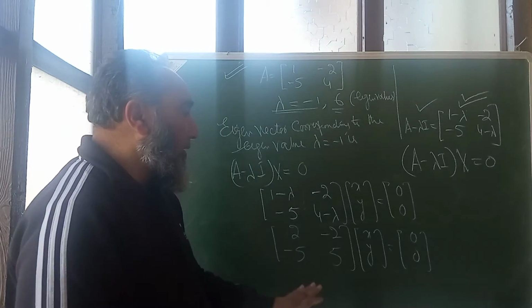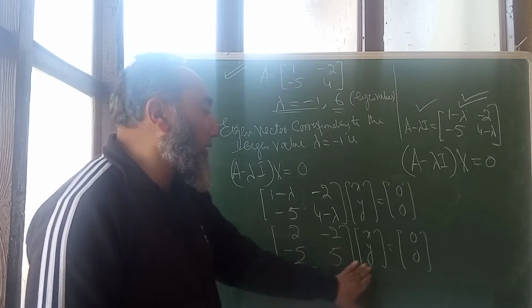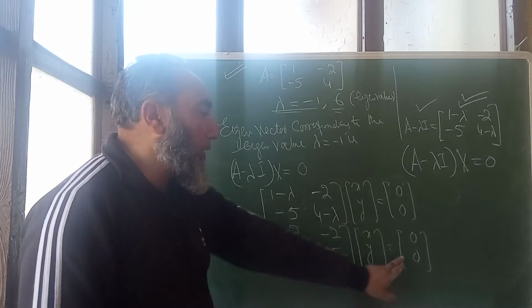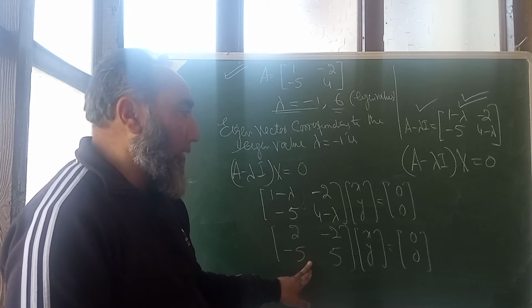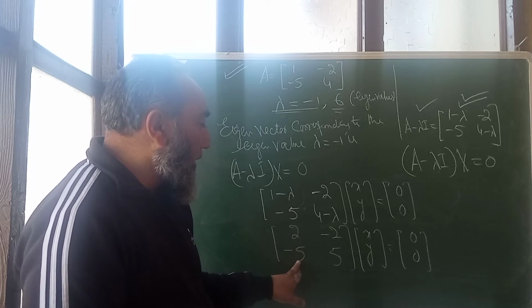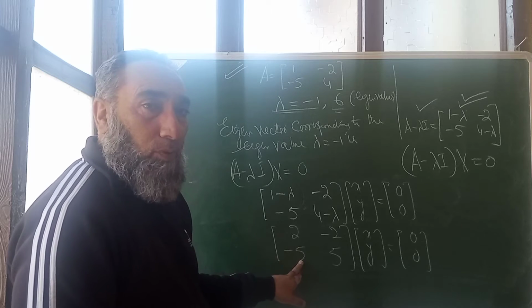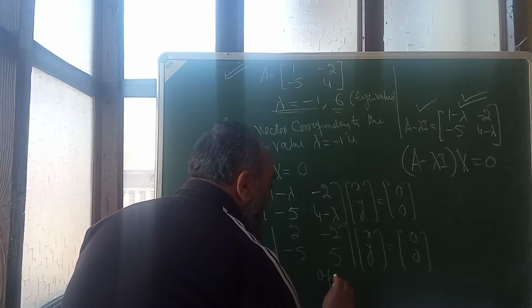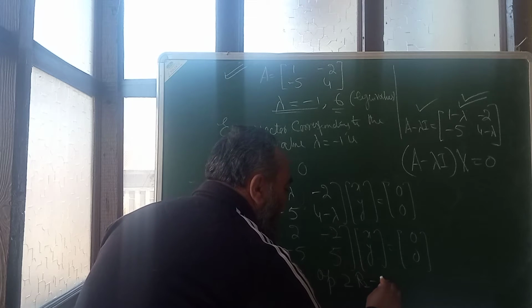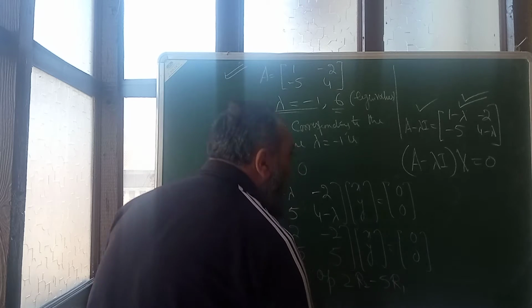Now you see this is ultimately AX equal to B, where B is 0. So in order to find the solution, we have to make this 0. We have to find the rank. So operate row 2 minus 5 by 2 times row 1. What we will get?